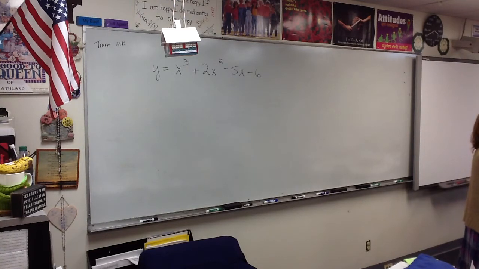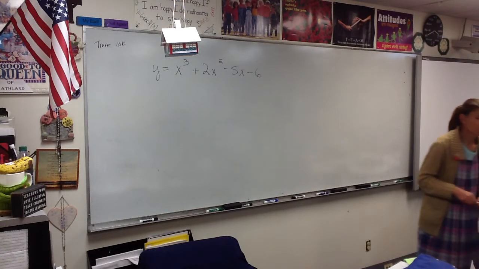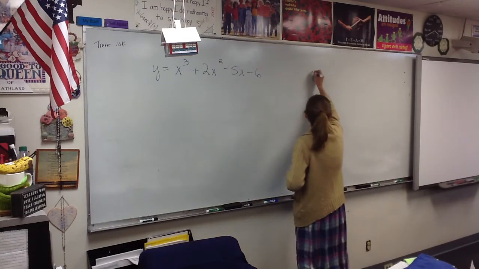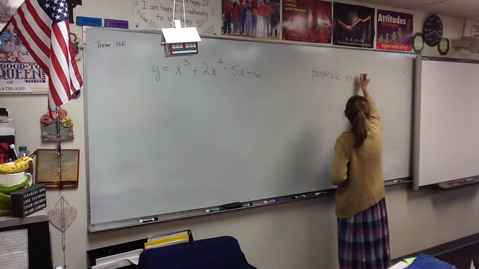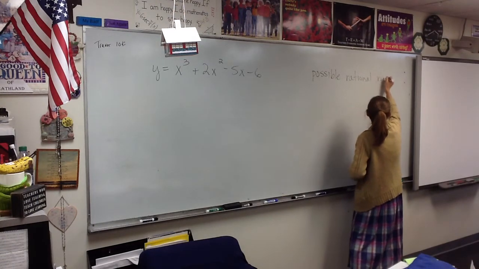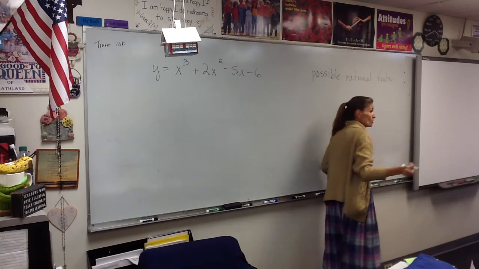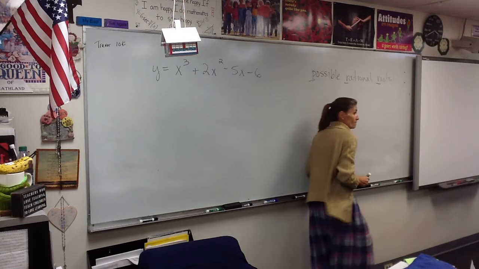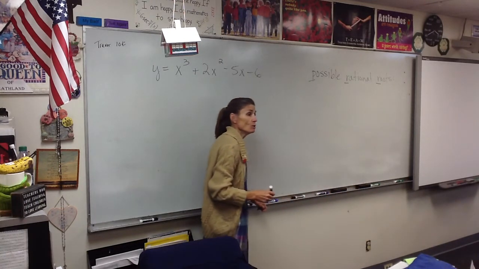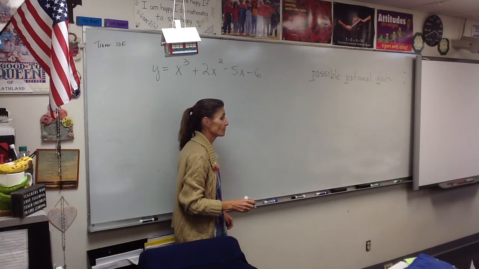We have a way of narrowing down your guesses. The numbers I want you to guess are called the possible rational roots. You will see on your paper, I wrote PRR. Those are the possible rational roots.